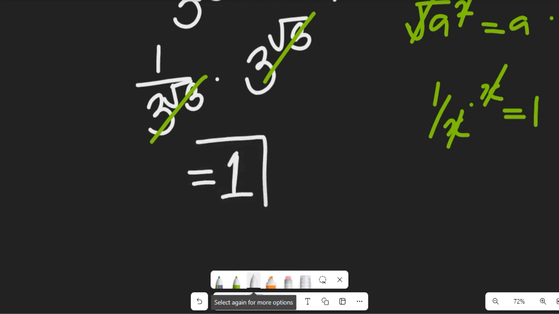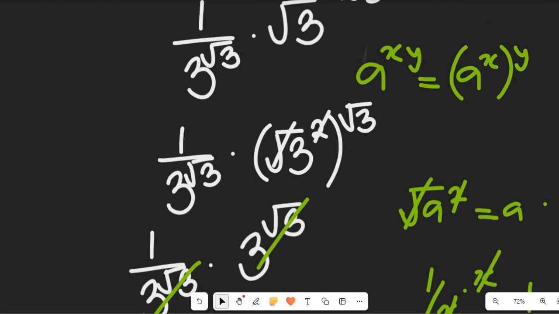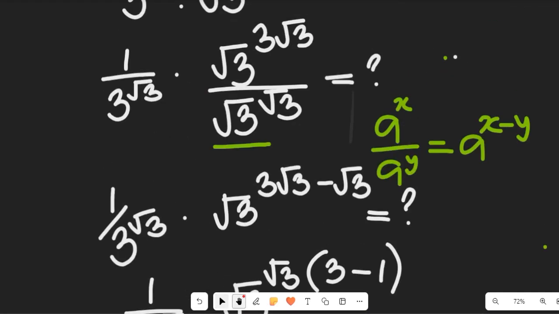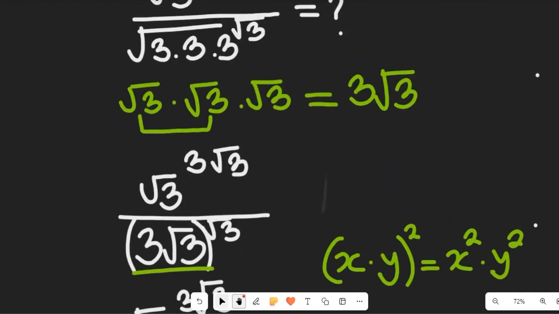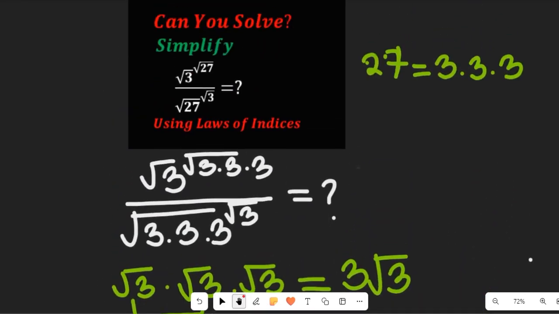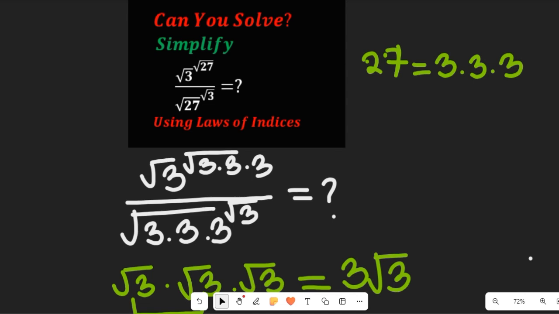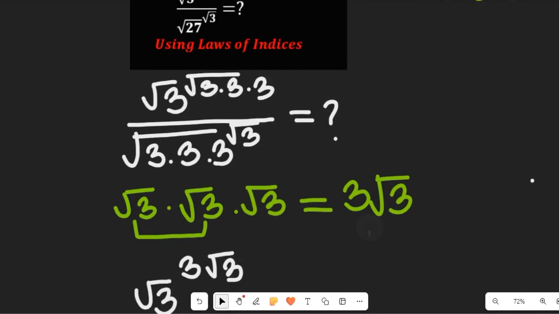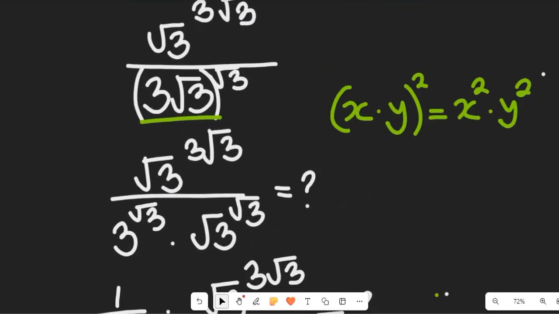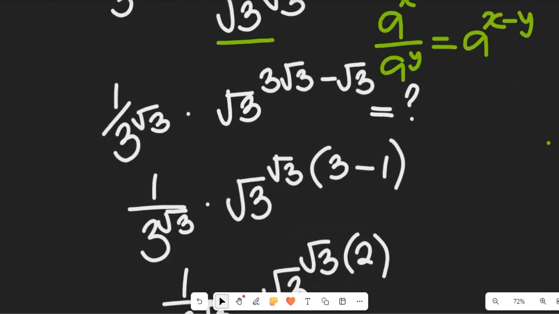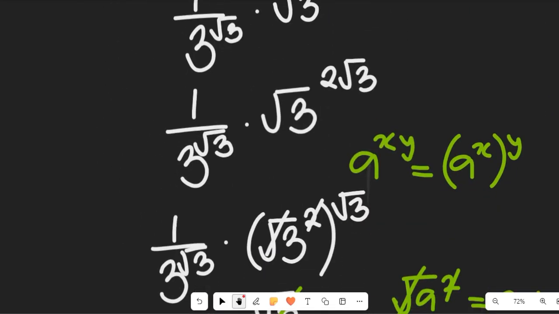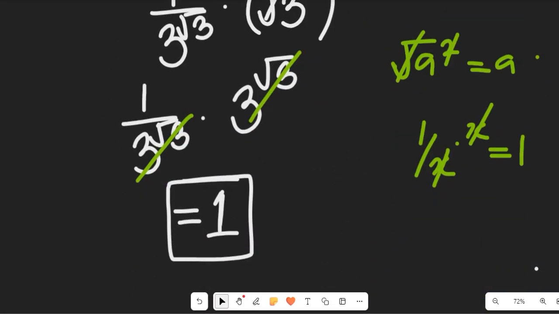So what does that tell us? 1 is the solution to that mathematical or radical expression given to us up there. So you see, very easy. Using the laws of indices, we can simplify this with little experience and get a solution. And the solution is simply just 1.